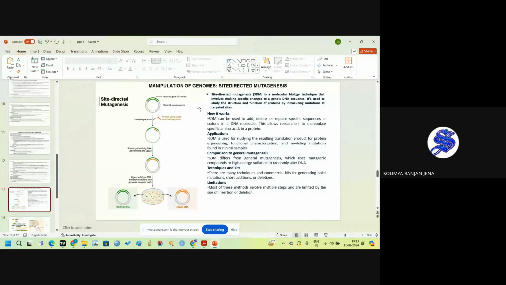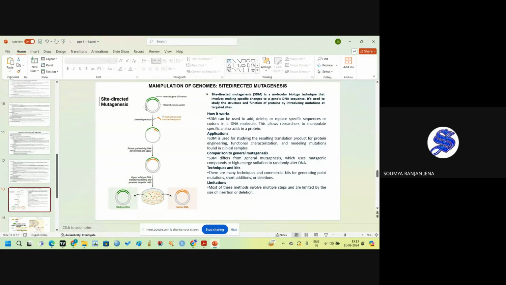If some species has been previously studied, the particular gene, suppose var genes, where antigenic variation will take place, if we modify this gene or make any changes in the particular var gene, then it will be helpful for our treatment process.